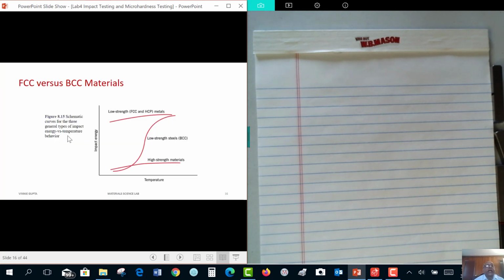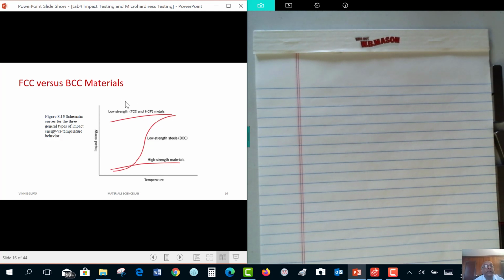So here are some characteristic curves. Typically we know that steels at normal temperatures, room temperatures or so, have a fair amount of impact toughness. And they show a ductile to brittle transition at low temperatures, they suddenly appear very brittle. Now, there are materials which are low strength. Notice we are not plotting strength here, so this curve is shown as higher.